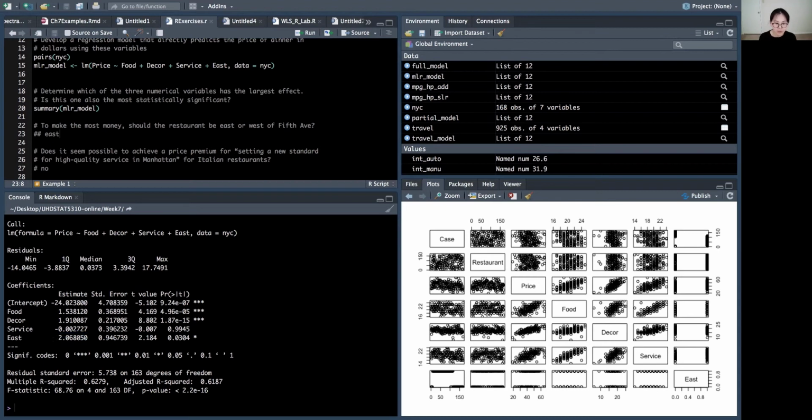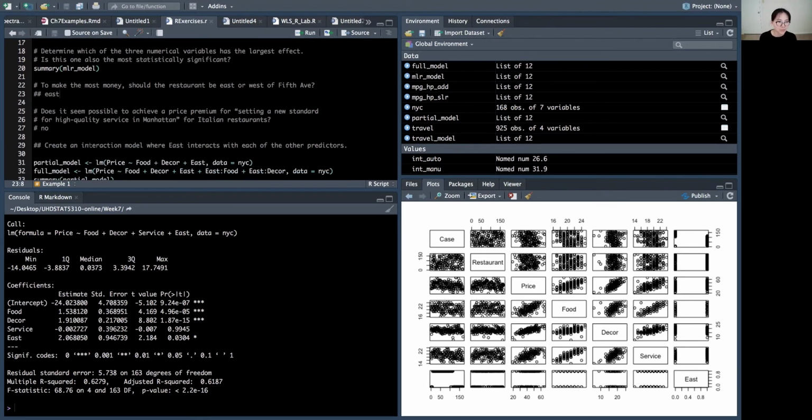So that means if you are on the east, your price will increase. So it's better to have the restaurant on the east of Fifth Avenue.